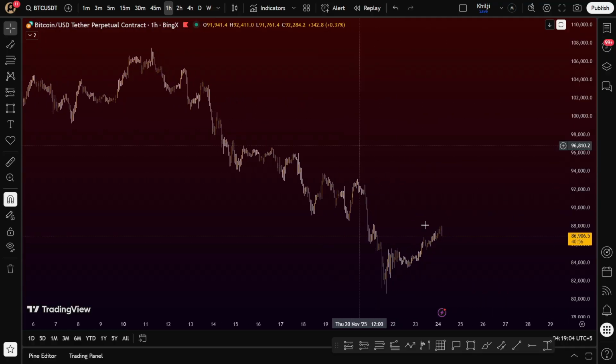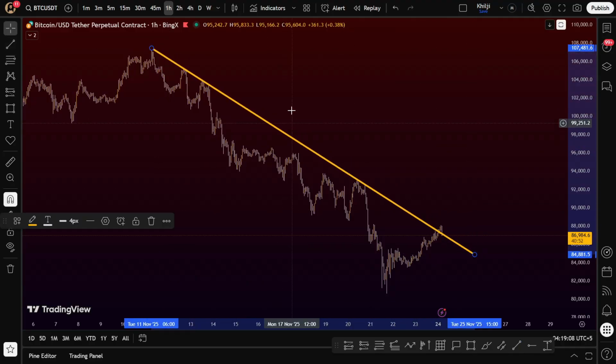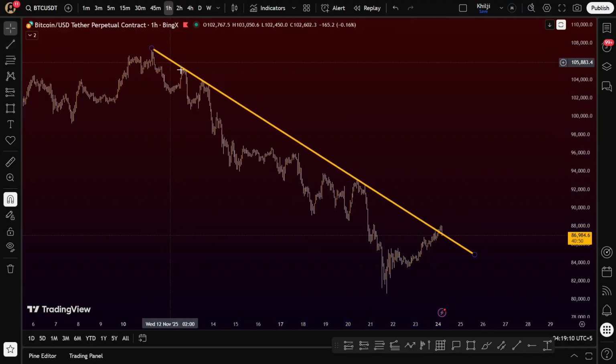Now we talk about trend lines again. What is a trend line? We just need two points to draw a trend line, and then we can extend it, right? So once we have two points, we can draw a trend line. The third time it taps, it falls. Fourth time doesn't come near. Fifth time doesn't come near. Then it taps again, falls again, and this time it's rejecting off of it.